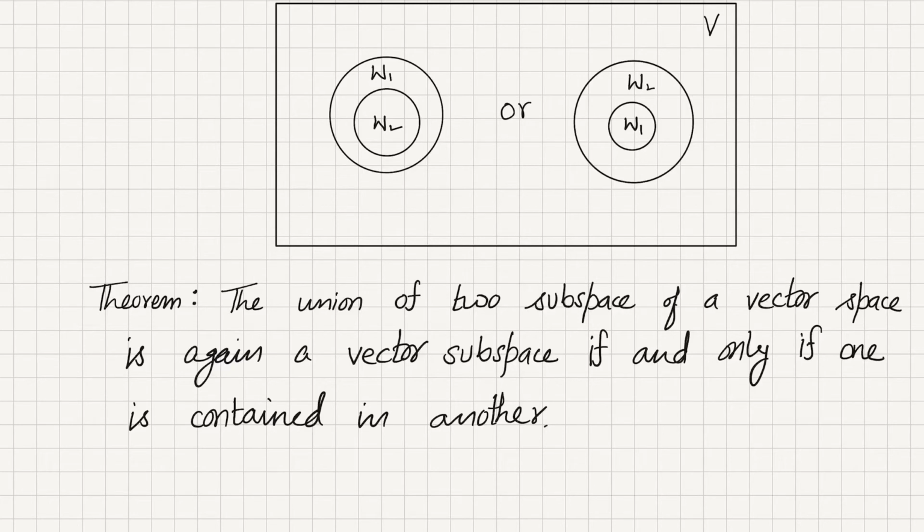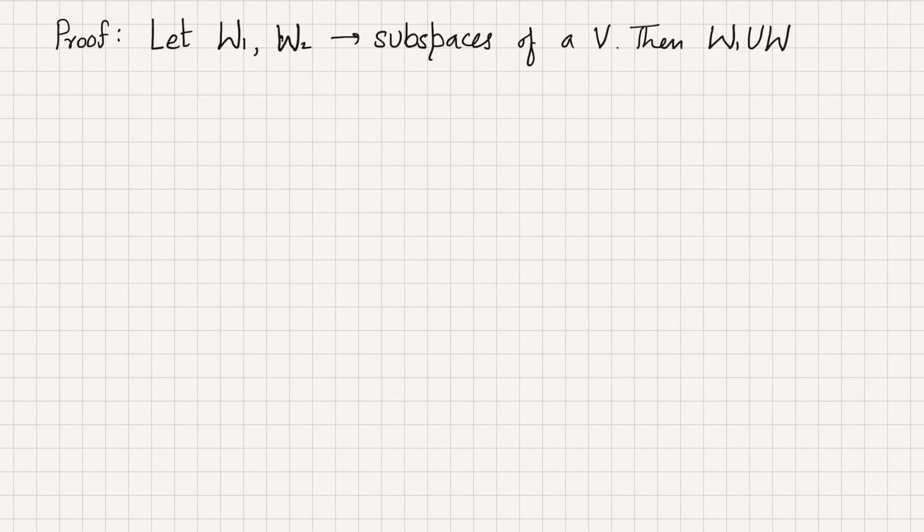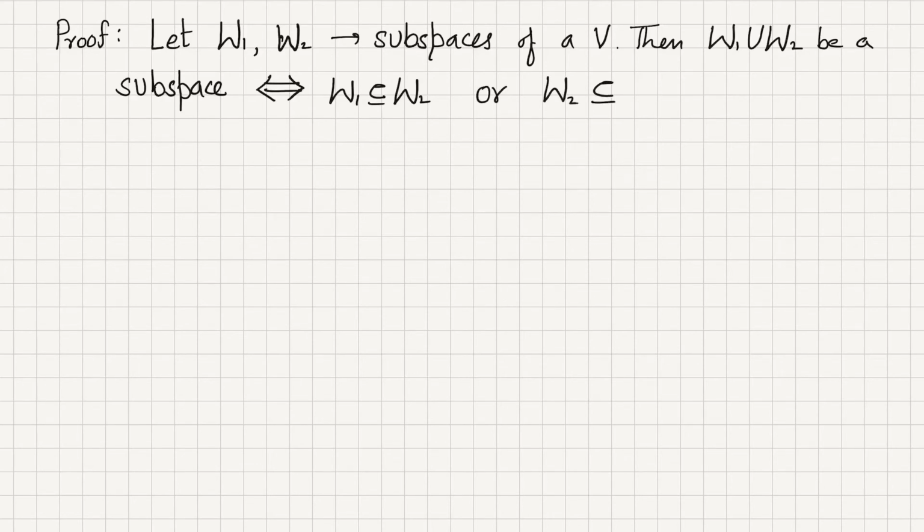Suppose that W1 and W2 are subspaces of a vector space V, then their union will be a subspace if and only if either W1 is contained in W2 or W2 is contained in W1.